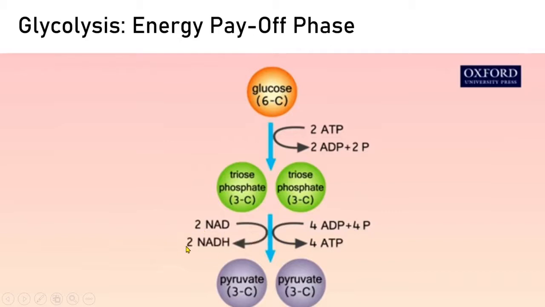And that is where the NADH and ATP will be coming from. Now do take note, you invested 2 ATPs, you gained 4 ATPs, which means you have a net of 2 ATP. So from 6-carbon, it is now converted into a 3-carbon pyruvate with the production of a net of 2 ATPs and a net of 2 NADH.